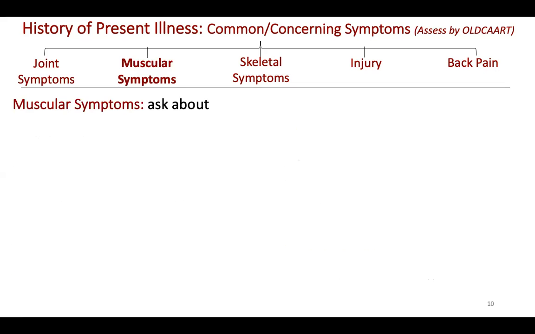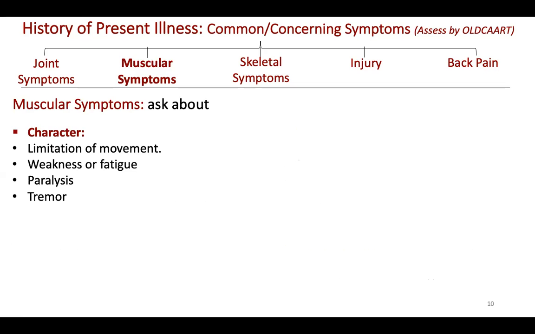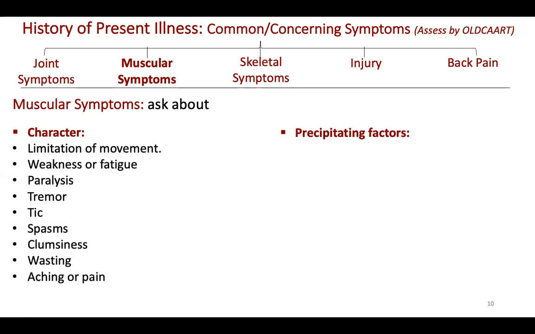As regards the muscle symptoms, again, you need to ask about what's the character, what's the nature of this symptom. Is there weakness, fatigue, paralysis, tremors, tics, spasms, clumsiness, wasting? And what precipitated these symptoms?